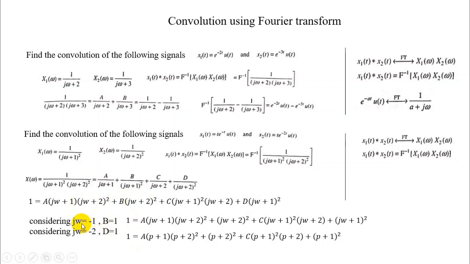So j omega equal to minus 1 has been written there for getting the value of B, and for j omega is minus 2 we will get the value of D. If we put the values of B and D, our next equation will be like that, and the values of A and C are still unknown to us.